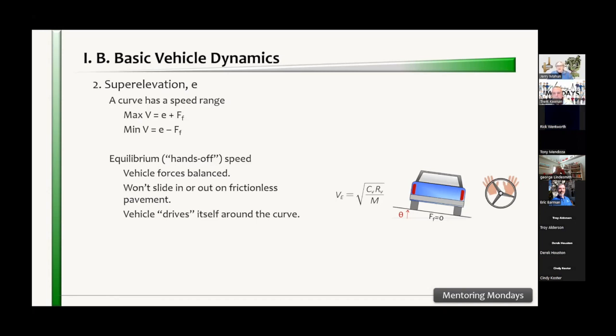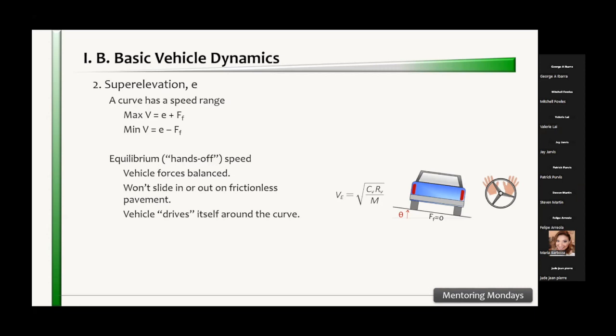There's also what's known as a hands-off or an equilibrium speed. That happens when the superelevation rate is offset by the centrifugal force alone, and the tire friction doesn't come into play. So at a certain speed, you can drive around a curve, and that curve can be perfectly frictionless. It can be icy or oily. Your car won't slide to the outside and won't slide to the inside because the forces are perfectly balanced.